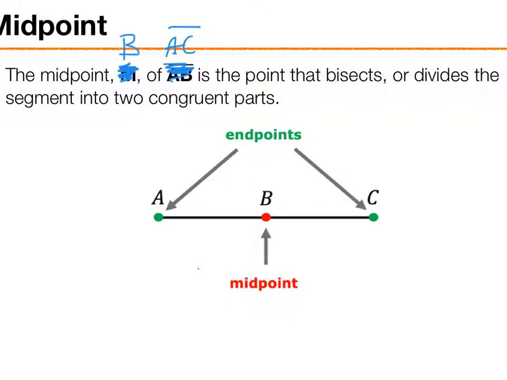So we're saying that AB, this part, is congruent to BC. So in order to show that they're congruent, we put tick marks. And that's just saying this B is the center of AC. So AB is equal to BC.